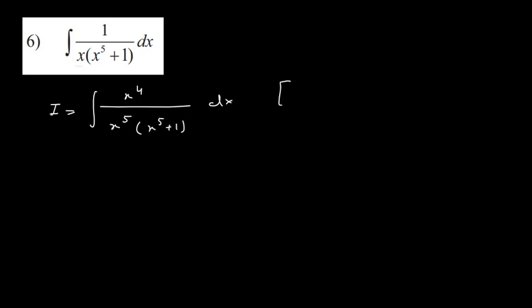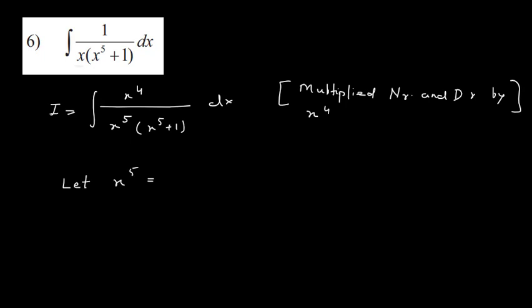So what we have done here, we have multiplied numerator and denominator by x power 4. Okay, now easily you identify that derivative of x power 5 is x power 4. So here I will say that let x power 5 equal t.